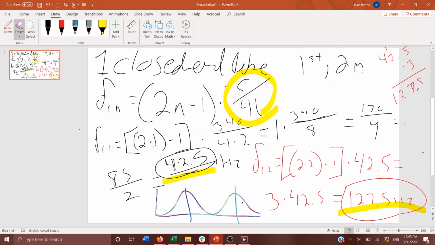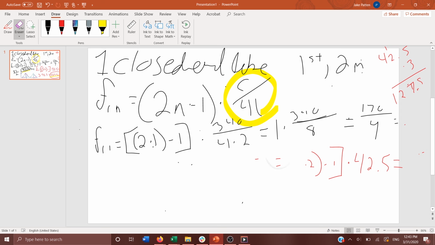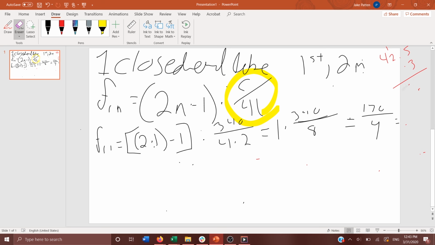Okay, so one last thing that I wanted to go over, which isn't exactly math, but it's kind of related to it, I suppose, is how frequency is going to change based on constriction.